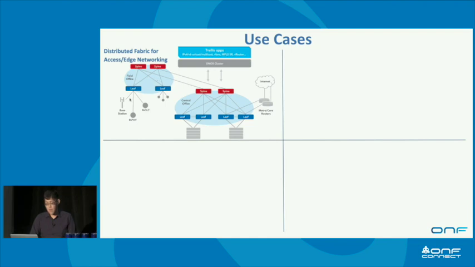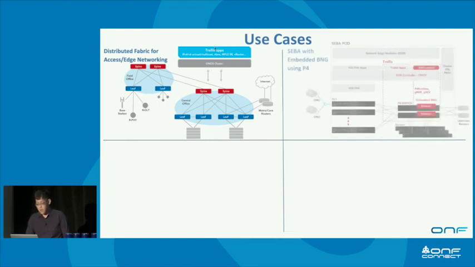These will further connect to different access devices, such as OLT in a PON network, or remote PHY in a cable network, or a base station in a mobile network. And of course, the entire multi-stage fabric is controlled by ONF and Trellis apps.